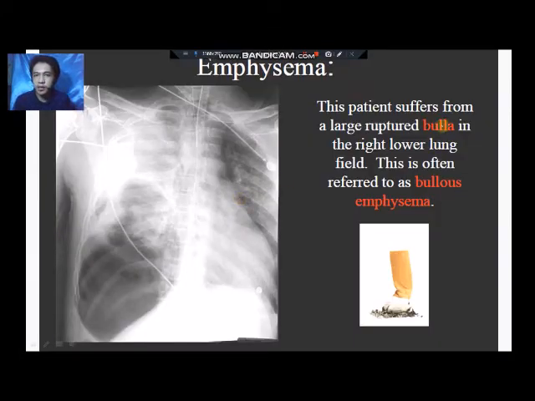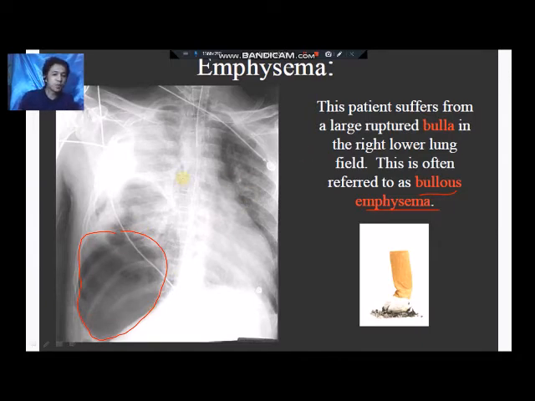Here, a patient suffers from a large ruptured bulla in the right lower lung field. This is the bulla, often referred to as bullous emphysema, the bulla formation caused by emphysema.